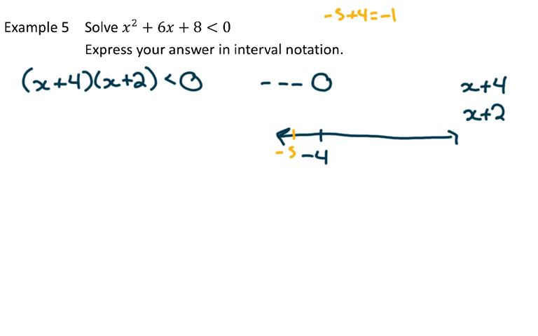Pick a number on the right side. I'm going to go extreme and go with 7 this time. Plug a 7 into x plus 4. We get 7 plus 4, which is 11, a positive number. And no matter what number I would have picked on the right of negative 4, I would have got a positive.